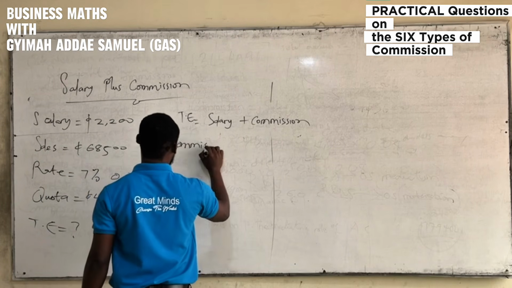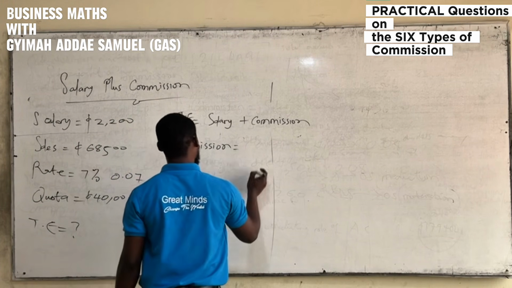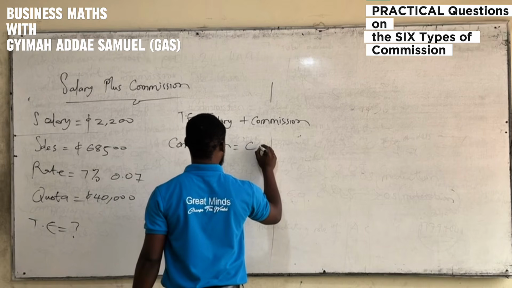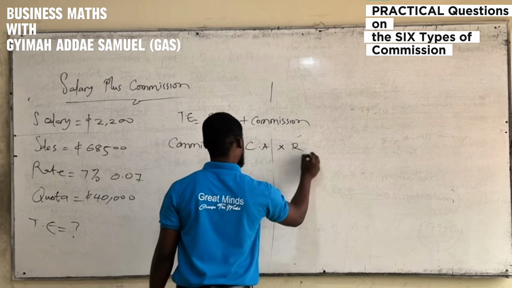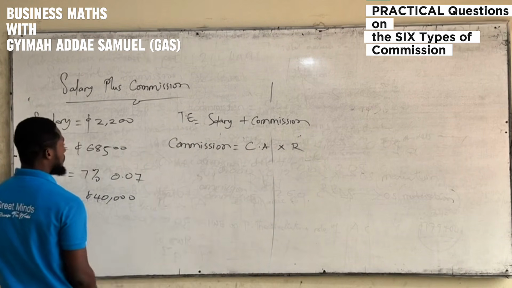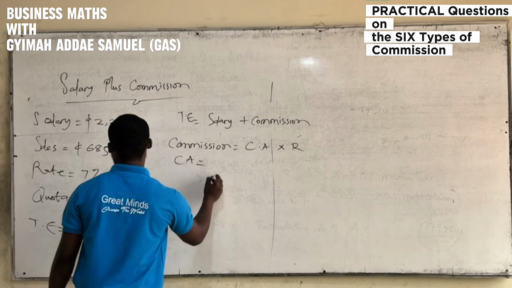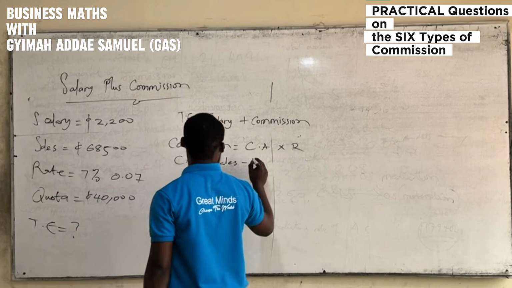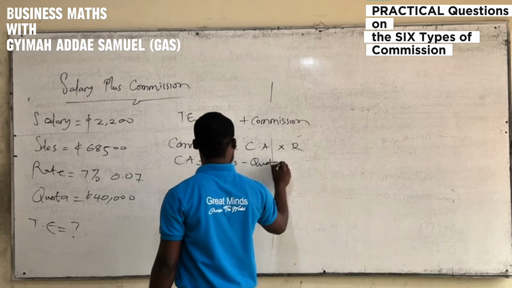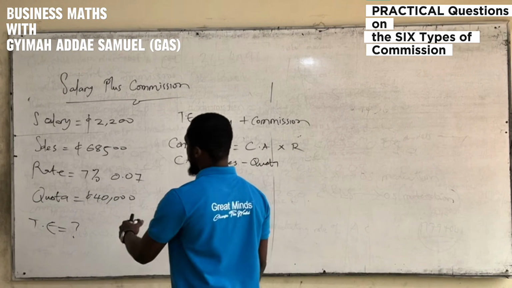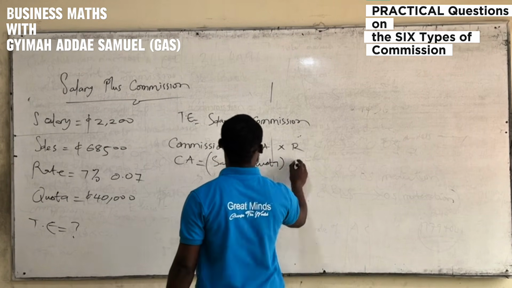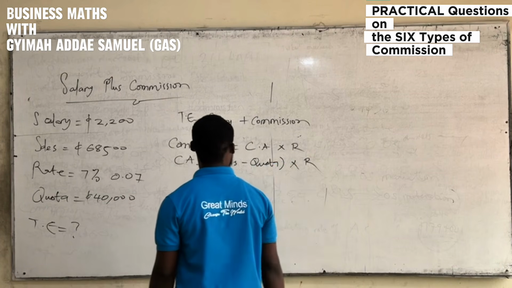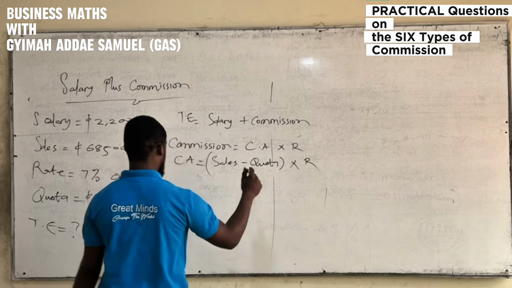As you know, when there is a quota given, commission is calculated on a commission amount. So we find our commission amount, which is sales minus quota, in brackets, times rate.